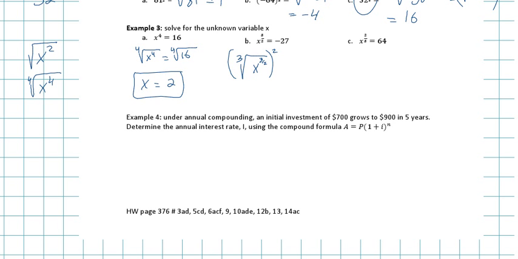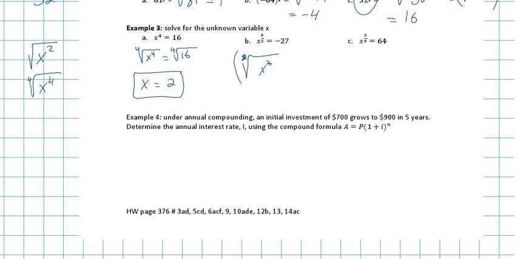I'm just gonna erase this for a second, and I'm gonna write this in radical form. I have this. Get rid of the square root for me. To get rid of the square root, what do you do? What's the opposite of square root? Power of 2. Opposite of square root is to the power of 2.